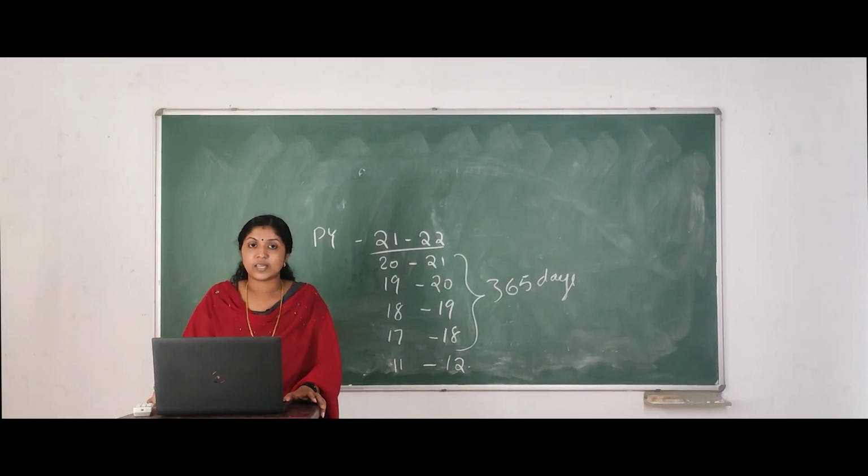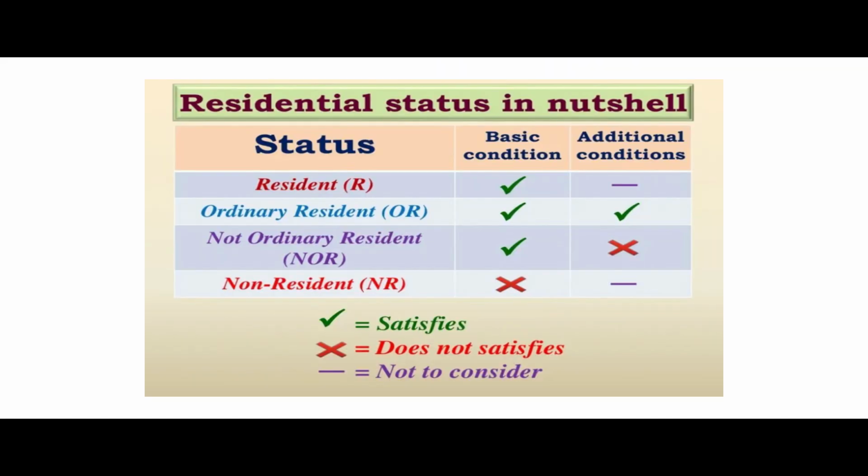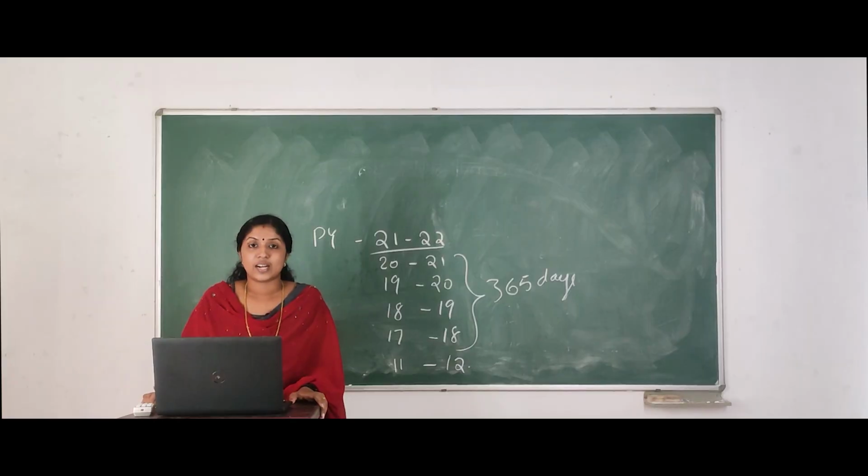Okay, so non-resident, resident and ordinarily resident, and resident but not ordinarily resident. These are the main residential statuses of an individual.